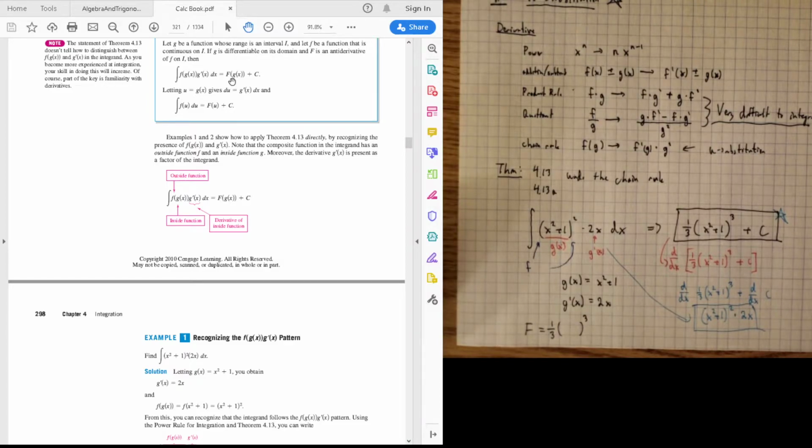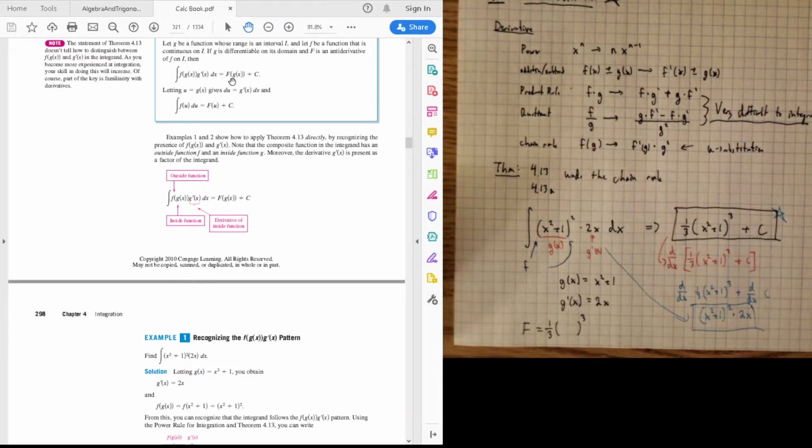If you can get to that point, oh dear Lord, you will be better than 99% of all calc students. Because if you're just not seeing the pattern, these problems get to the point where they're impossible. You just can't do them. And somebody who can use Theorem 413 and use substitution will be busting them out like nothing. And if you're in the other category, it gets fun.